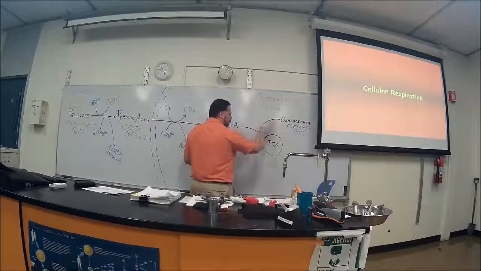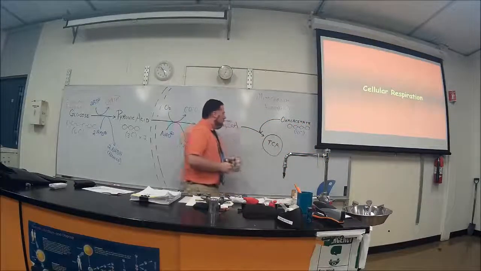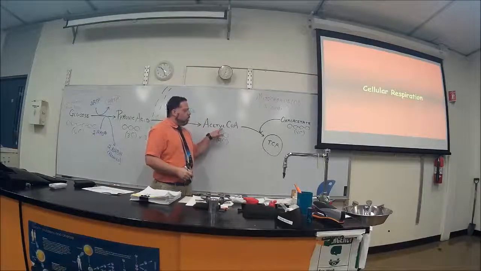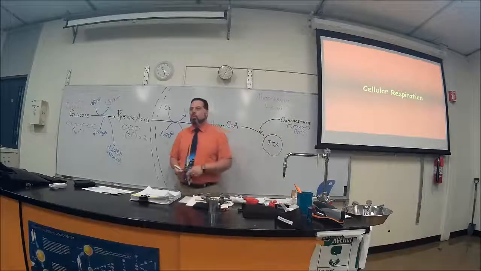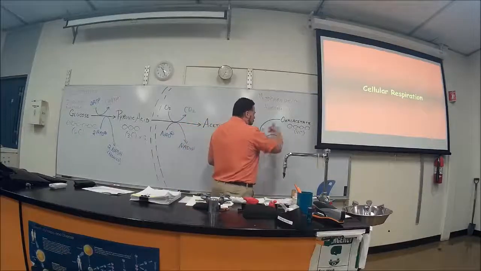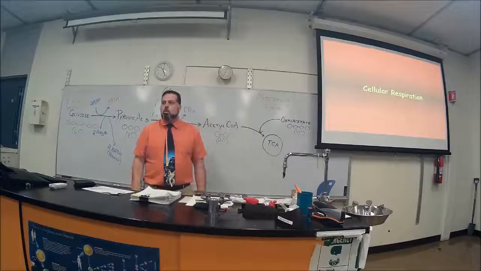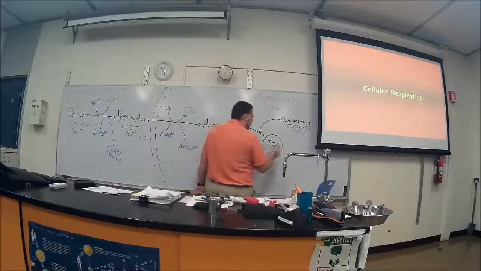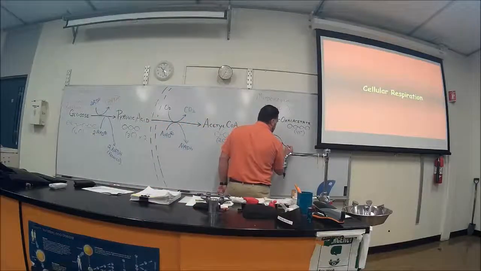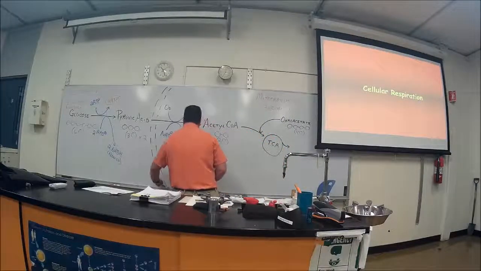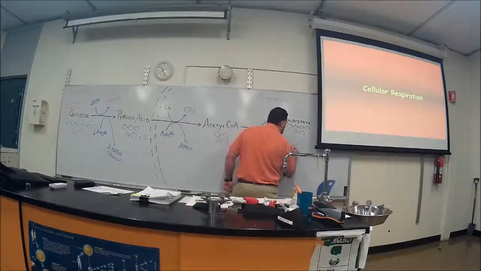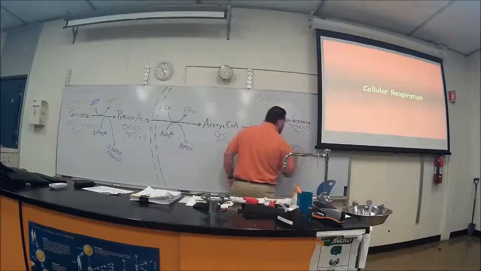This whole cycle goes on, and for every one acetyl-CoA that comes in here, for every one oxaloacetate that comes in here, this will produce a few different things. It's going to produce two carbon dioxides.